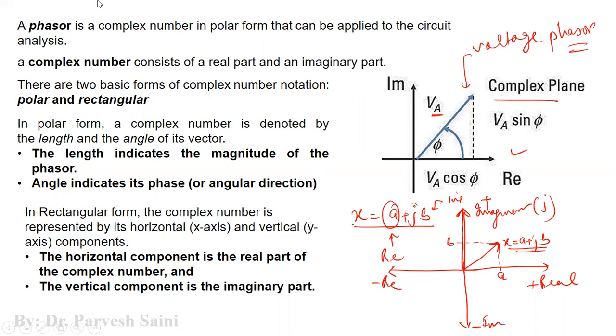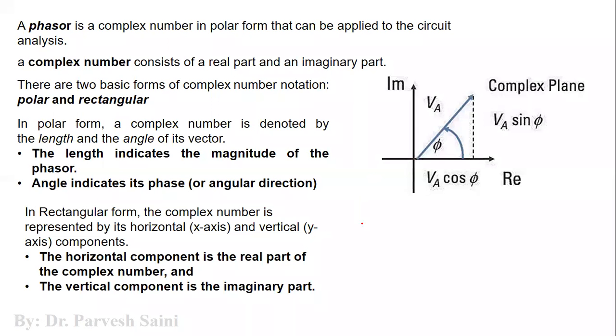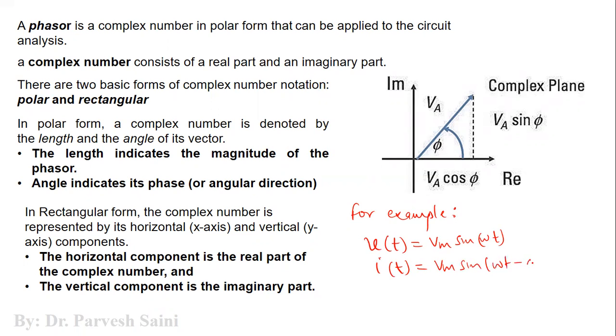The second type of representation is the polar representation basically. So how this polar representation is done, we will see. For example, if you have a voltage which is given by v(t) equal to Vm sine omega t, for example, and you have some current i(t) equal to Im sine (omega t minus phi).